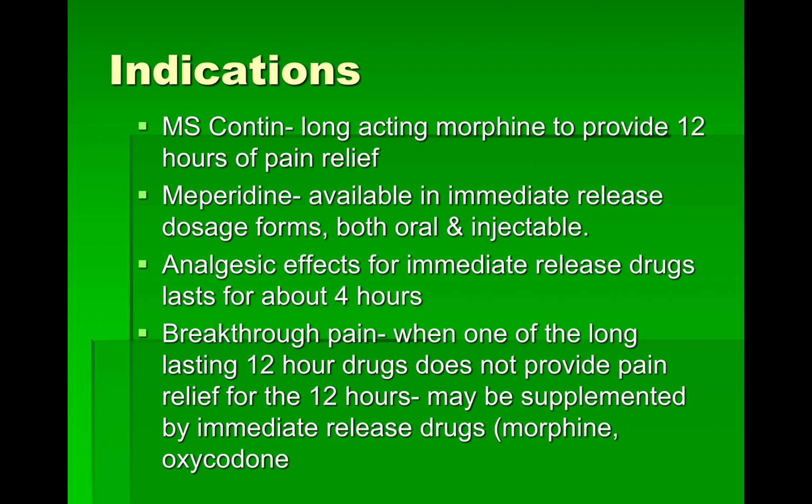Meperidine, Demerol, is available in immediate release dosage forms, both oral and injectable. Morphine does not come in the continuous form. Analgesic effects for immediate release drugs usually last for about 4 hours, and that's it, if you're lucky. Sometimes 3 to 4 hours. Breakthrough pain is when one of the long-lasting 12-hour drugs does not provide pain relief for the 12 hours and may be supplemented by immediate release drugs, such as morphine and oxycodone.